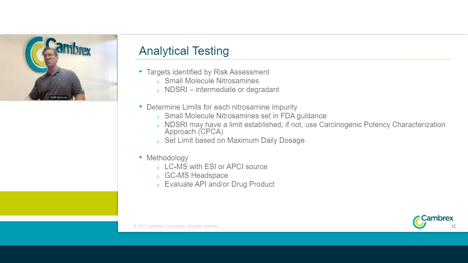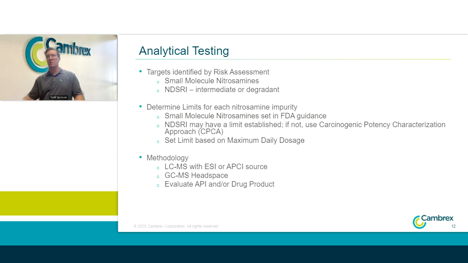While the small molecule nitrosamines are set in the FDA guidance, we can use the FDA limits to give us a good start there. And again, using the classification system within the guidances to generate the CPCA score. And then the final piece of the limit being the maximum daily dosage of your drug product, so that we can determine the requirements on a per dose basis. And so we've achieved testing for these nitrosamine impurities utilizing LCMS.